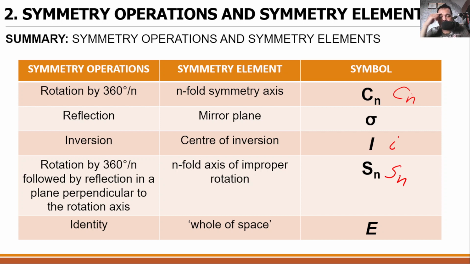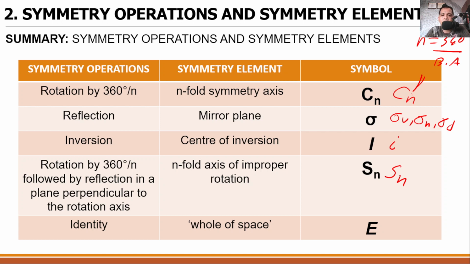We have rotation, the n-fold symmetry axis, and the mirror planes, the three mirror planes being sigma v, sigma h, and sigma d. This n is determined by n equals 360 degrees over the bond angle. So, these are our symmetry operations.